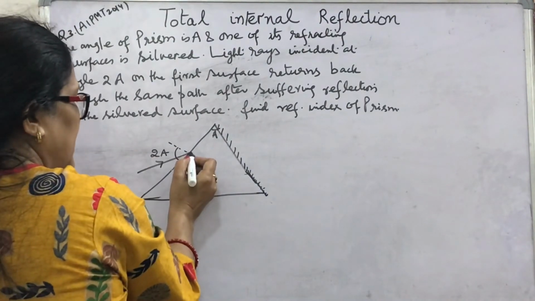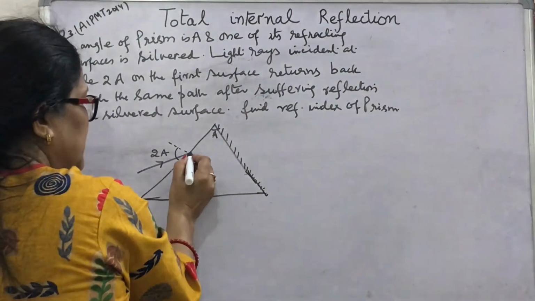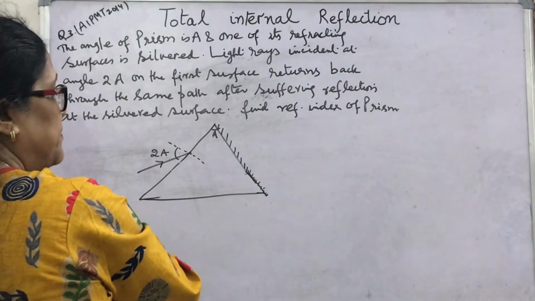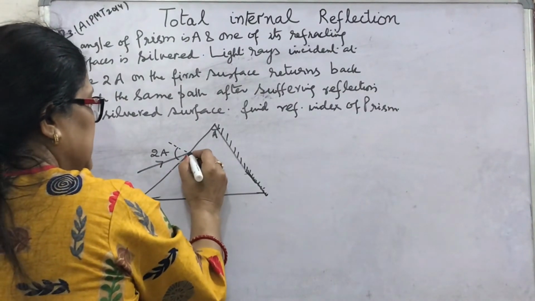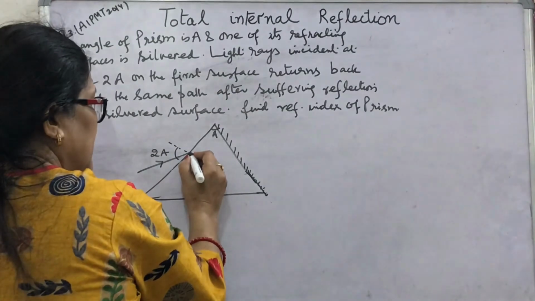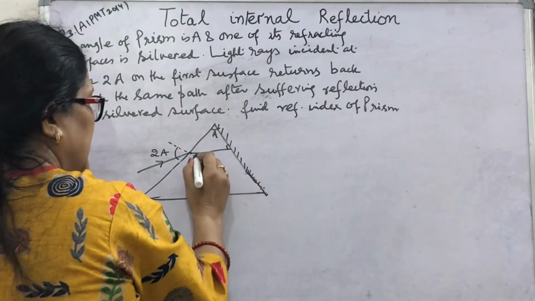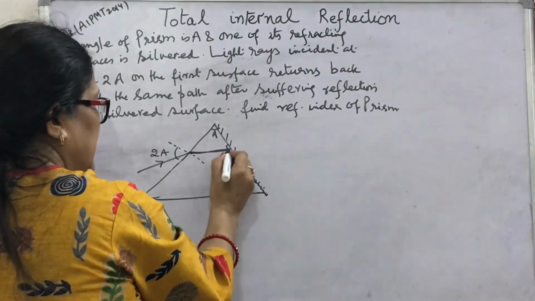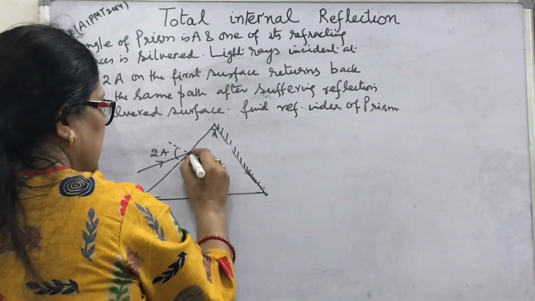The light ray in going from rarer to denser medium will bend towards normal and it is retracing its path. What does it mean? That it will bend in such a way that it will make 90 degree, because only then it is said that the light ray is retracing its path.